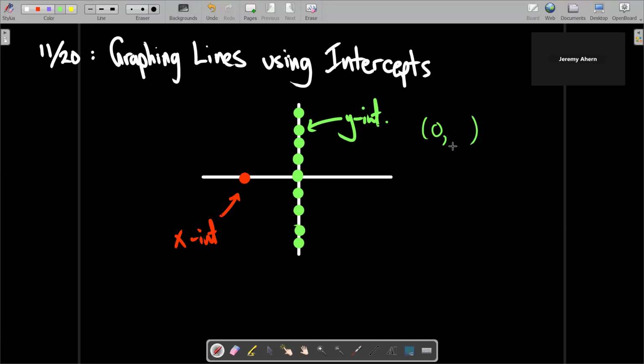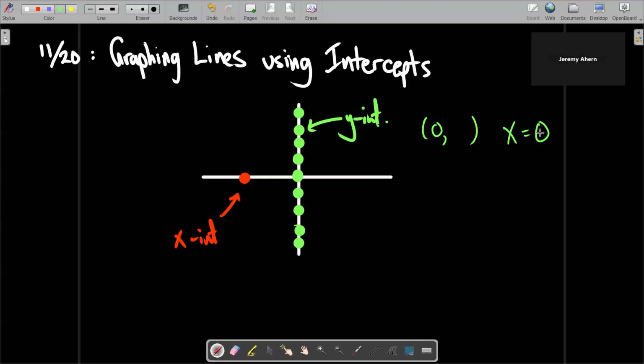If I asked you to give me the coordinates, you'd say (0, 4), (0, 5), (0, -2), (0, -8), (0, -9). So the takeaway is that every point that is on the y-axis has an x equal to 0. That's going to be what carries the day today.